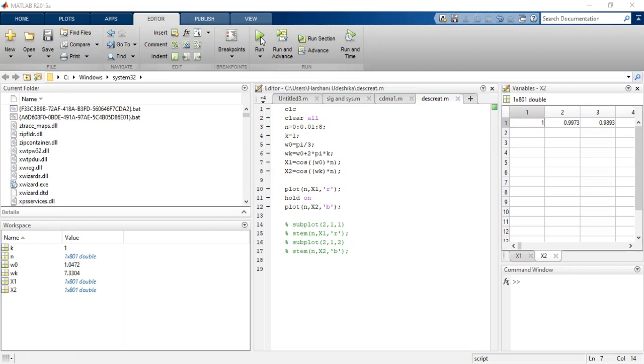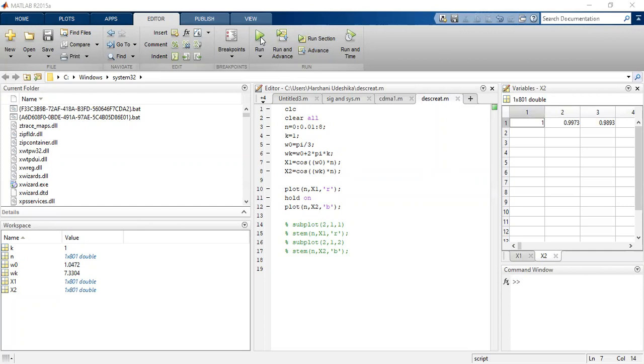So you can see that from here to here it is one cycle. Within that cycle there should be several cycles of the blue curve. So this is one cycle: 1, 2, 3, 4, 5, 6, 7.